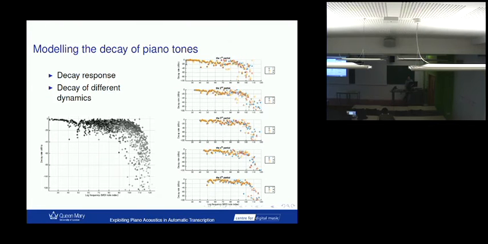Then we see that for the high pitches there is a little noise, but for the low pitches and the middle pitches, the decay rate is quite identical. So we can draw the conclusion that dynamics doesn't have a significant influence on the decay rate. So we think for notes played with different dynamics, we can model them by the same decay rate.